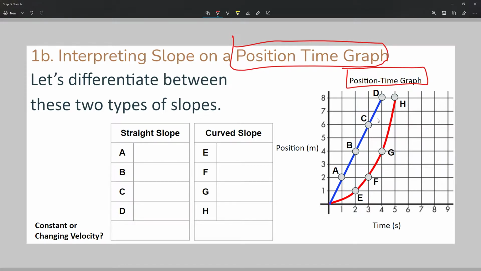What does that mean? Let's first figure out what the slopes are, and I'll help you better understand the difference.